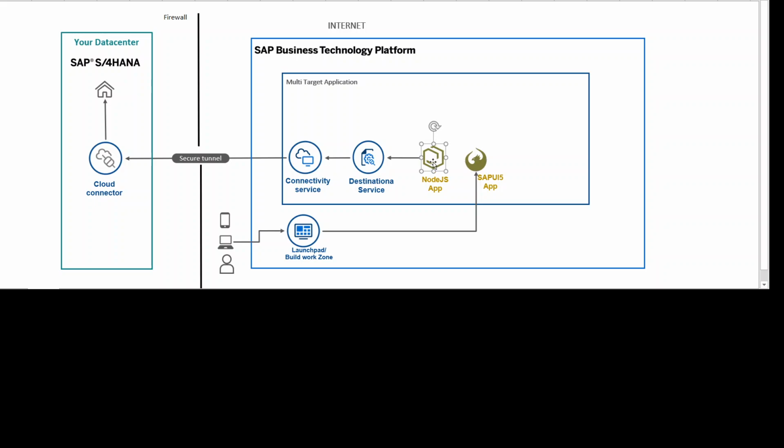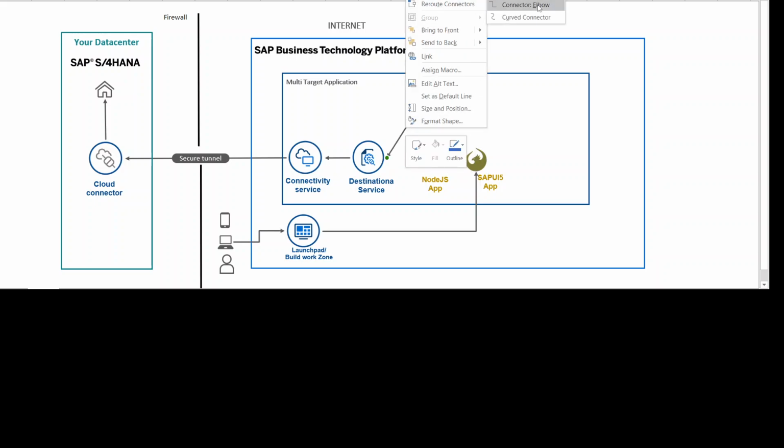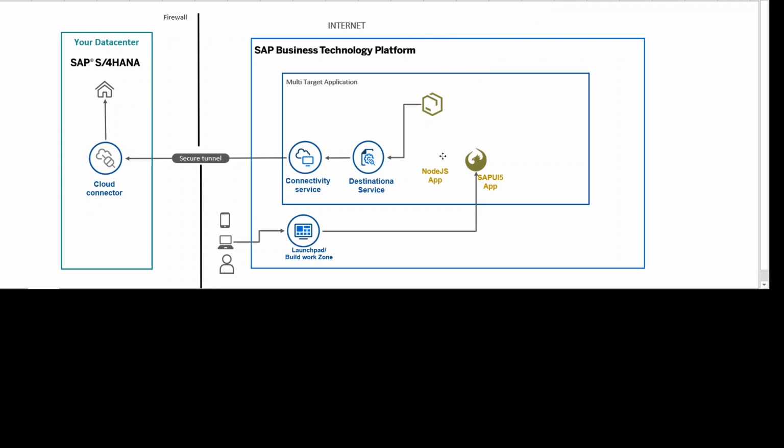If the UI5 application needs to communicate, it can communicate directly to the destination service, and the destination service internally can communicate to the Node.js application.